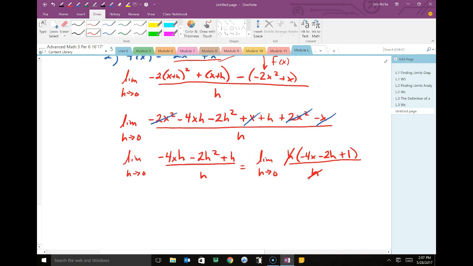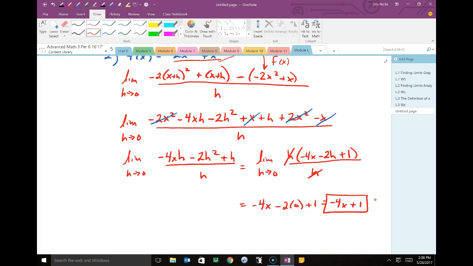Can I go ahead and go to the part where I now plug 0 into the h? Okay, so I have negative 4x minus 2 times 0 plus 1, which becomes negative 4x plus 1. How do we do on that one? Not bad?